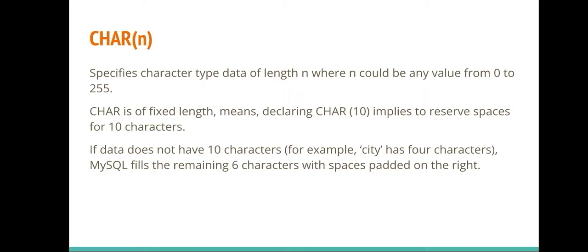So it specifies character data type of length n, where n could be any value from 0 to 255. So the range is from 0 to 255 and this is a fixed length data type.